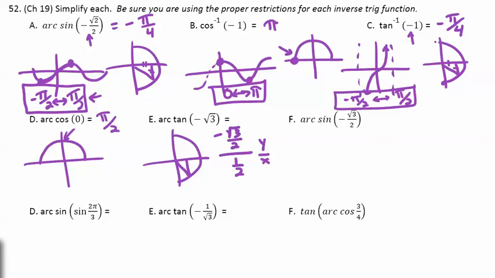So we want this 30, 60, 90 triangle, and that would be at negative pi over 3 for our angle. And arc sine, you should recognize that again as the long leg of a 30, 60, 90. So again, these two problems next to each other are referring to the same angle. That would be negative pi over 3, where the long leg is the sine.